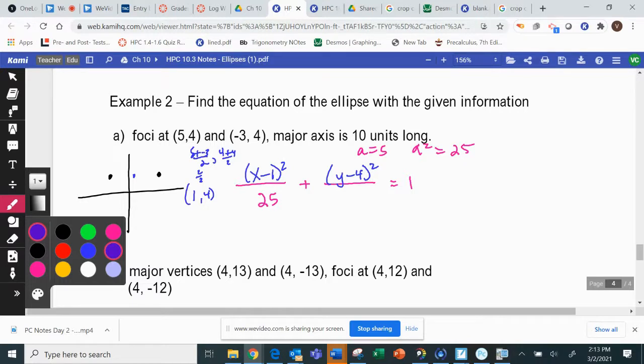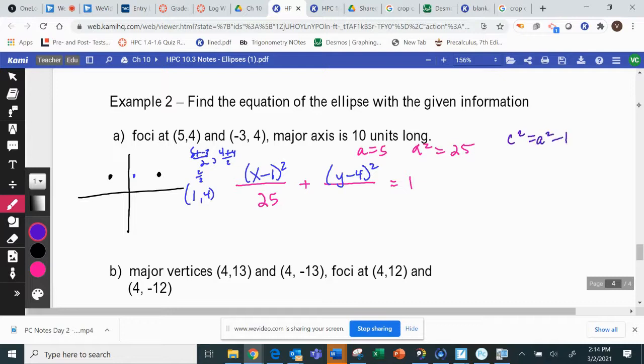So only one person in here knows how to do it. Okay, well, thank you for saying something, Eden. The foci equation is c squared equals a squared minus b squared.